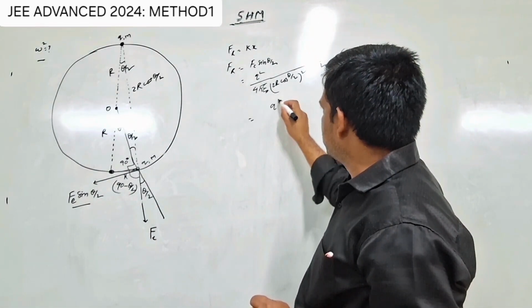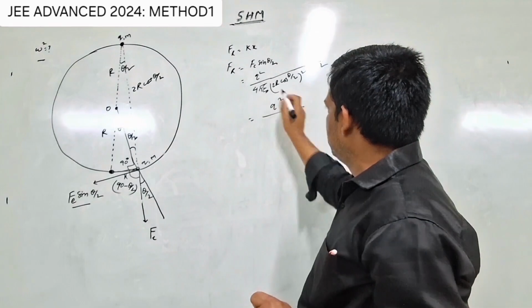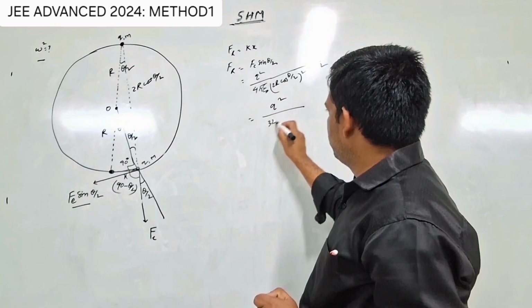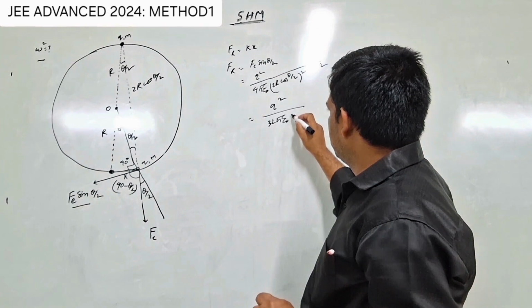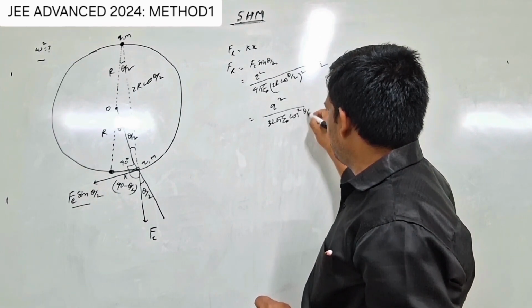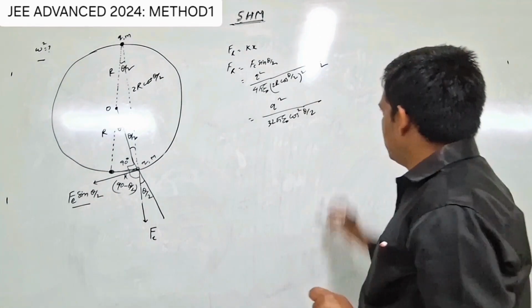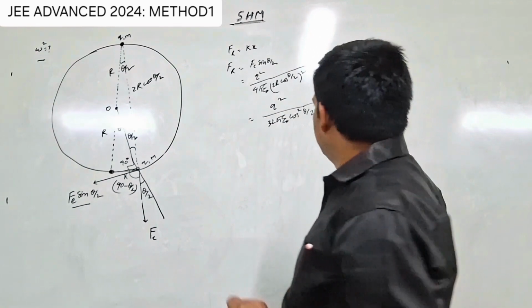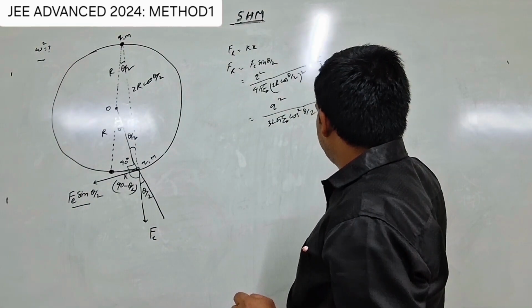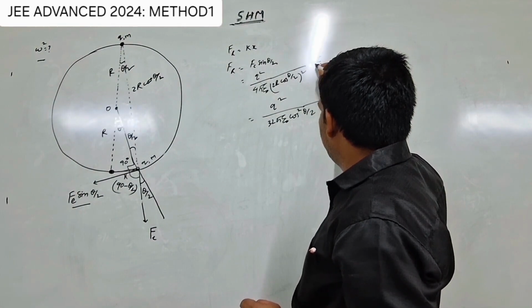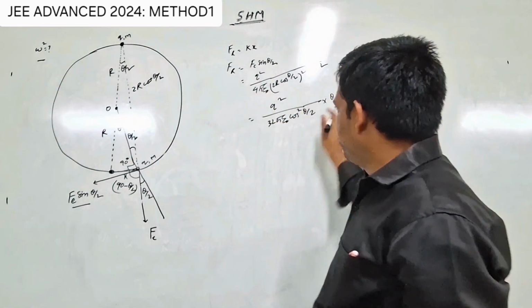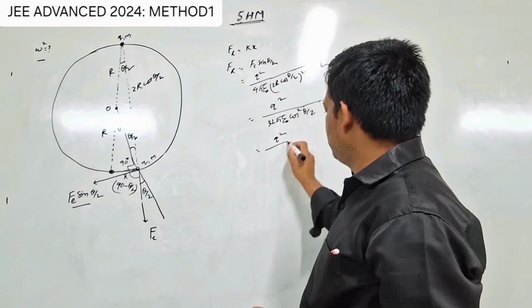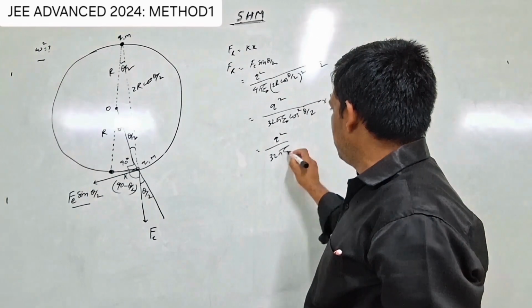Therefore it will be equal to q square upon 32 pi epsilon naught cos square theta by 2 into theta, as we have already multiplied 2 with this theta.